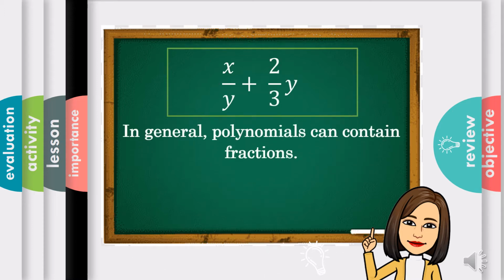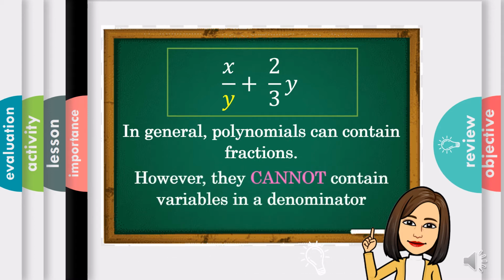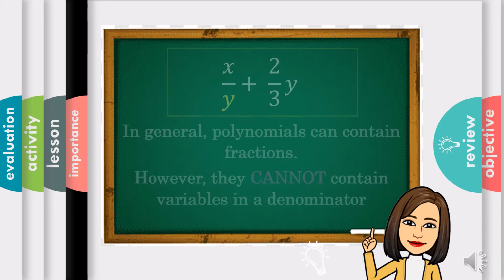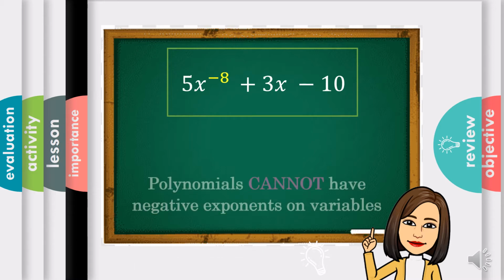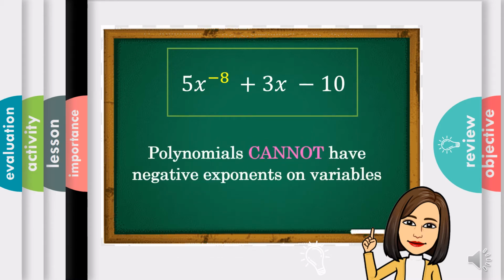In general, polynomials can contain fractions. However, they cannot contain variables in a denominator. Polynomials cannot have negative exponents on variables.